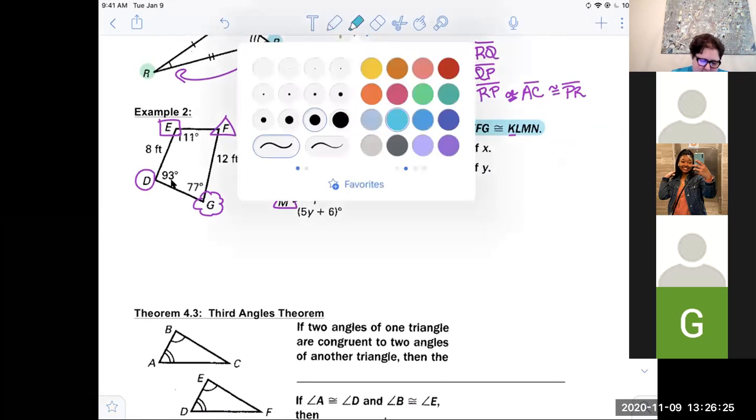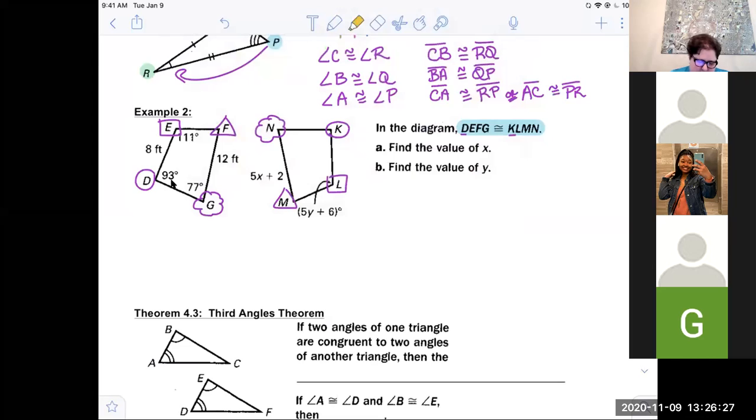So the expression for X is right here on segment NM. So for part A, I want to know what segment is congruent to segment NM. You can either get that from the picture, or you can get that from the congruent statement. Okay, Grant, what segment is congruent to segment NM?